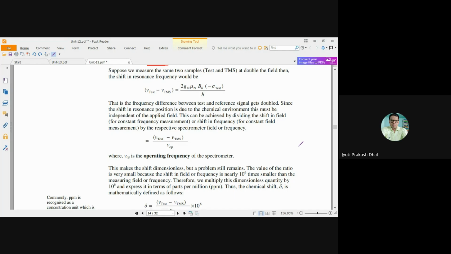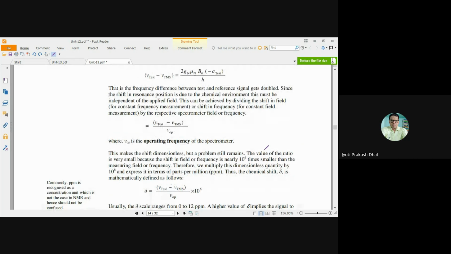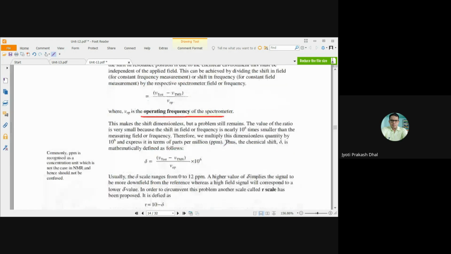This can be achieved by dividing the shift in the field or frequency by the respective spectrometer field or frequency. That is nu test minus nu TMS divided by the operating frequency nu OP, where nu OP is the operating frequency of the spectrometer.